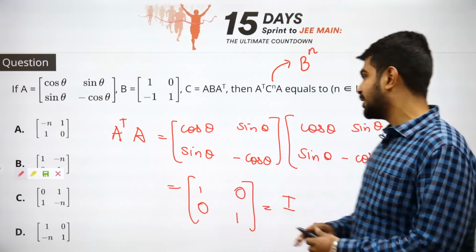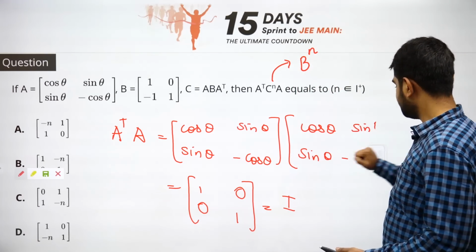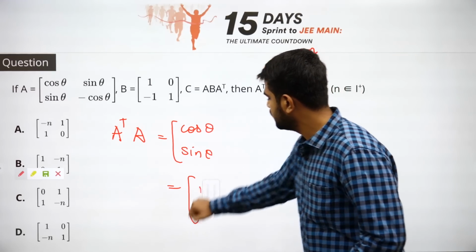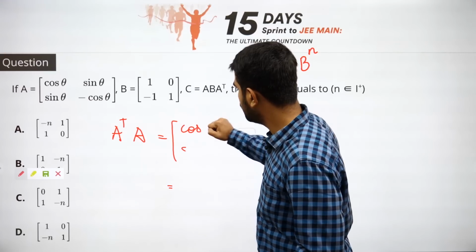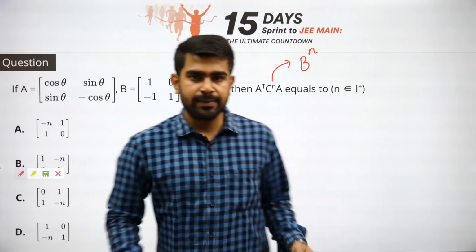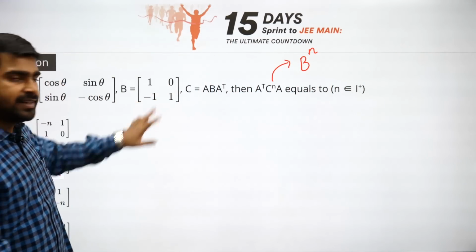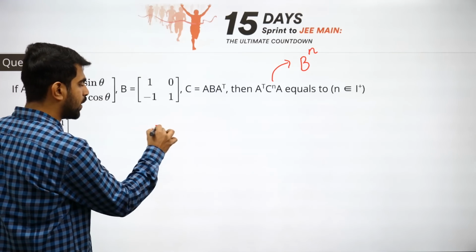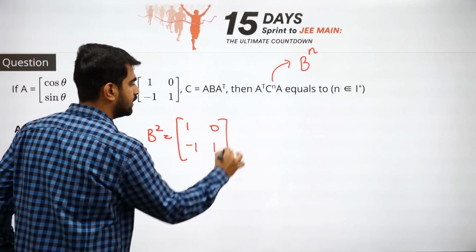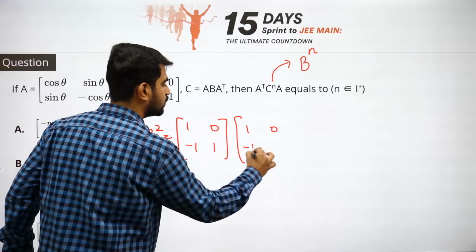Okay, guys. So now I will erase this because I will have to find out what is B to the power n. So for that, let me come this side. Okay. So B is given here. So first let us find what is B square. 1 0 minus 1 1 and you have 1 0 minus 1 1.